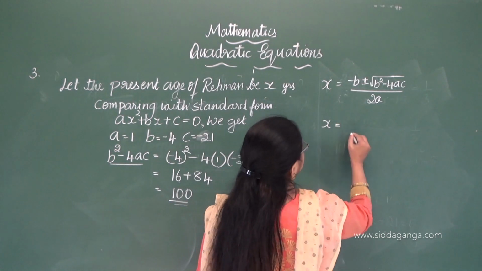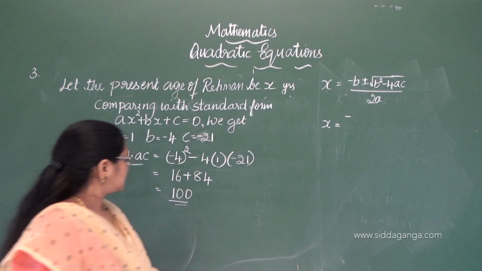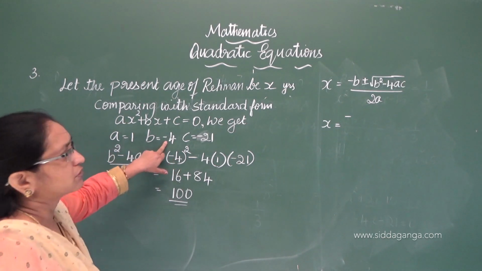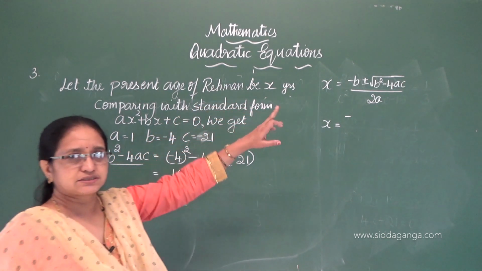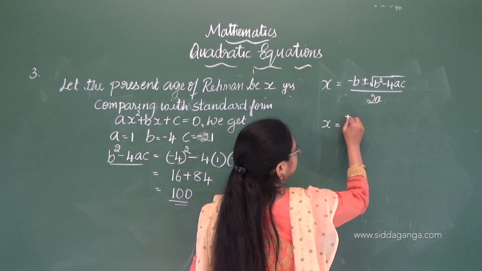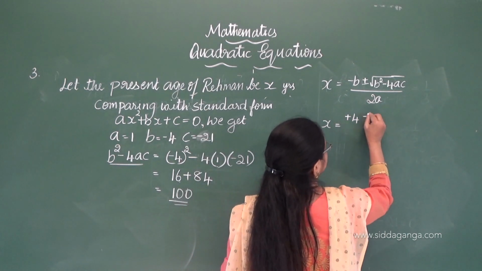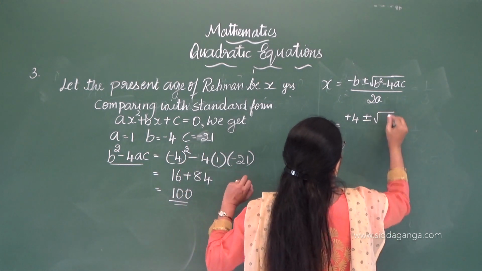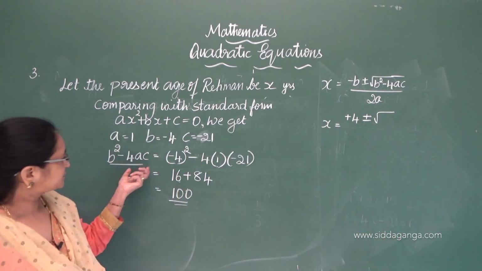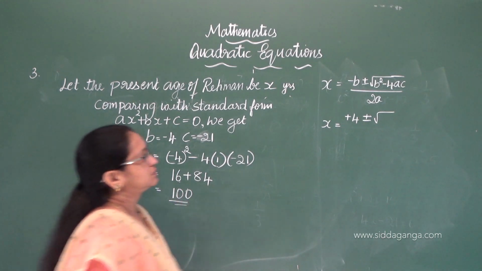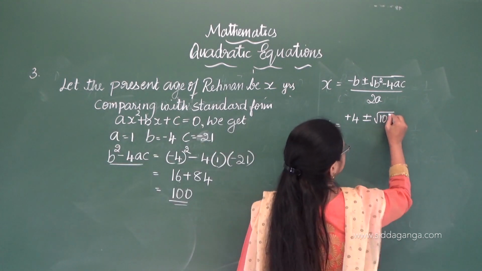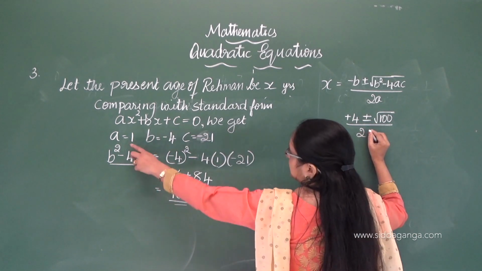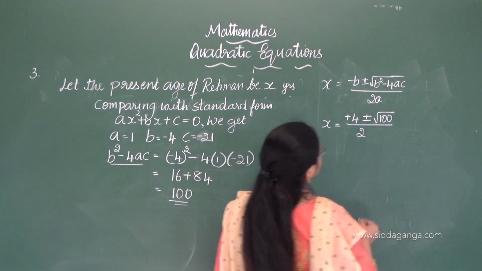X is equal to minus, so here we have minus 4, so there minus is there, it will become plus 4 plus or minus root of 100. See, b square minus 4ac we got 100. So here 100 by 2a. A is 1, so 2.